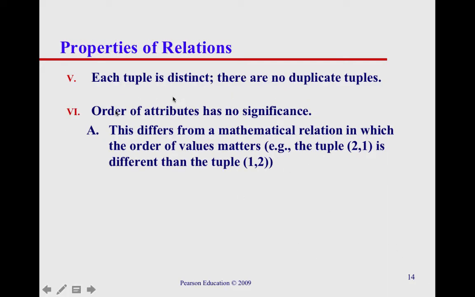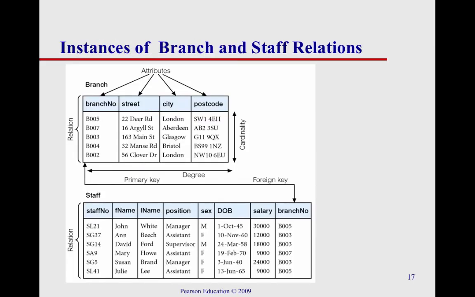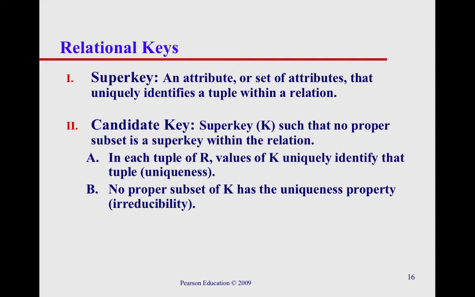Because according to property 5, each tuple is distinct. Therefore, if you use all attributes in a relation, you are guaranteed that together they uniquely identify that tuple. Therefore, one superkey is the set of all attributes in a relation.